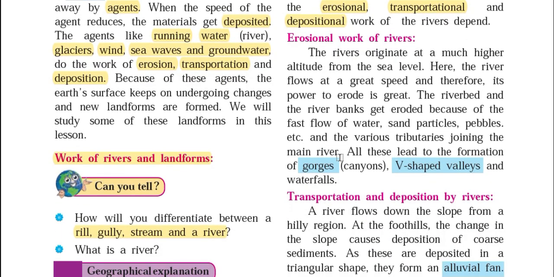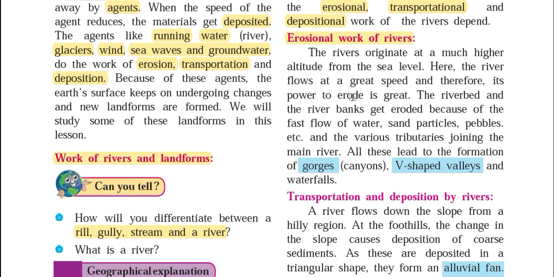Let's move ahead to the erosional work of a river. Let's see how a river does this erosional work. Rivers originate at a much higher altitude above sea level. Here the river flows at great speed, and therefore its power to erode is very great.